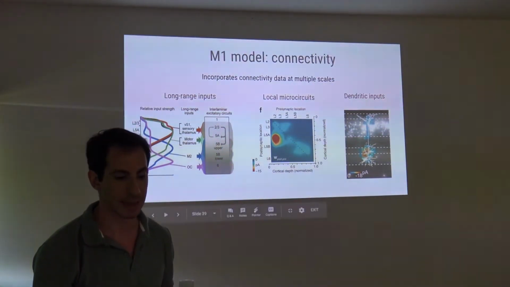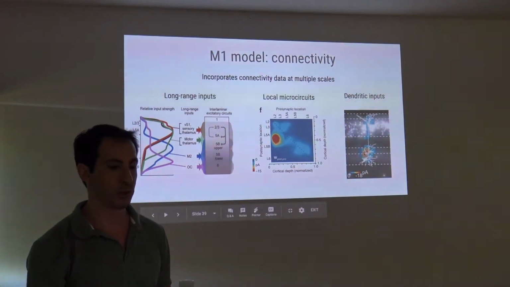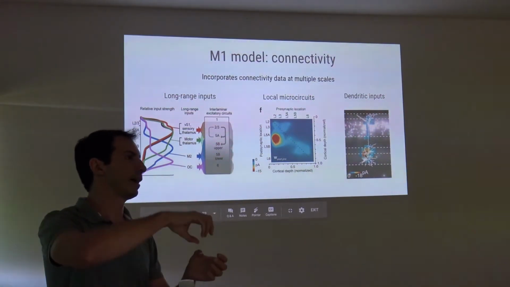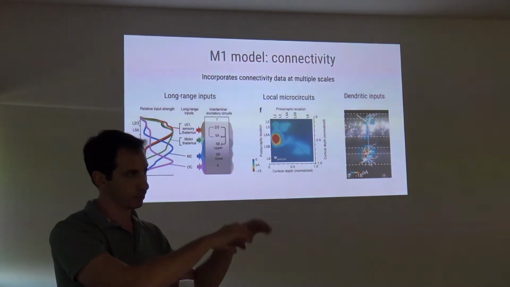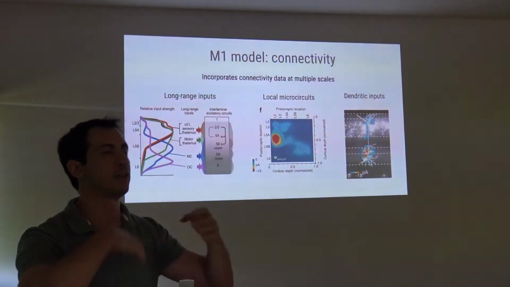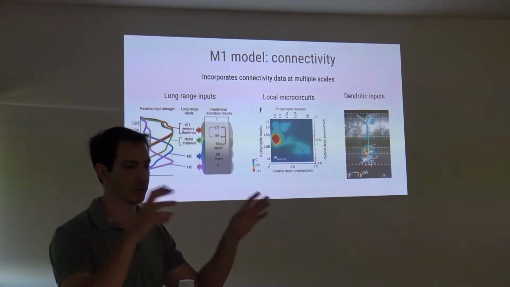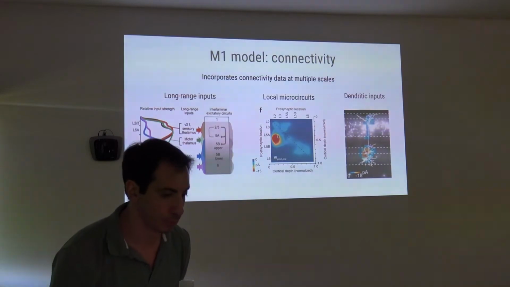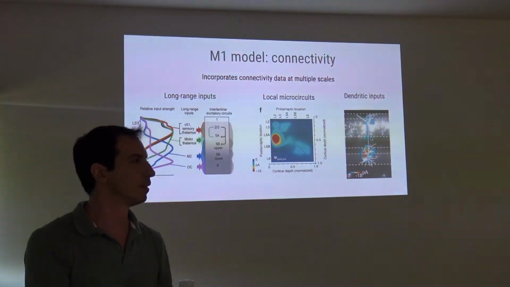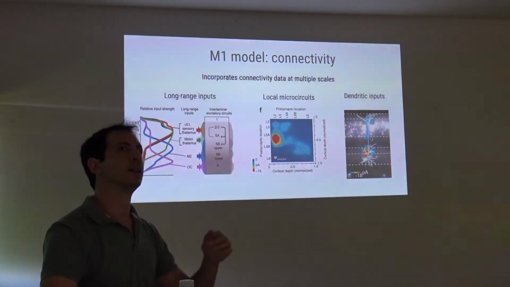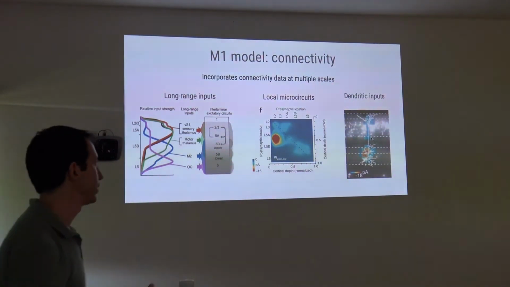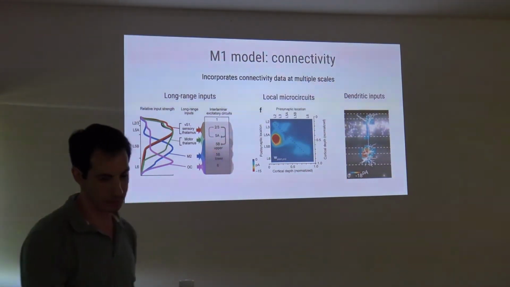Okay? And you have these kind of density maps, which shows you where most of the synapses are located for that specific projection, from thalamus to PT cells. And you have that for each pair of connections in the model. So from layer 2-3 to PT cells is a different distribution of synapses. So we incorporated also all that information into the model.